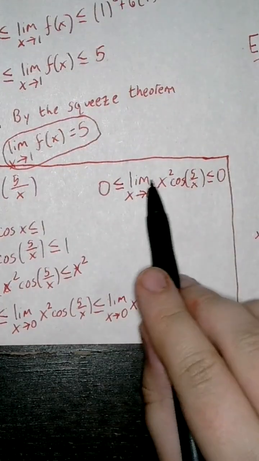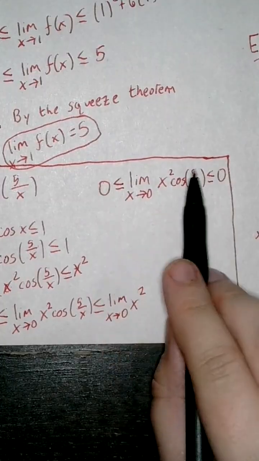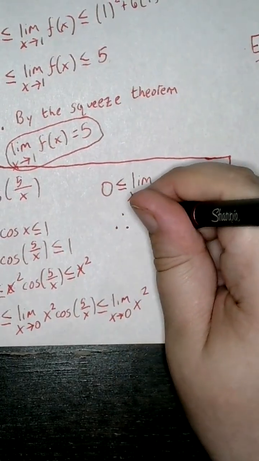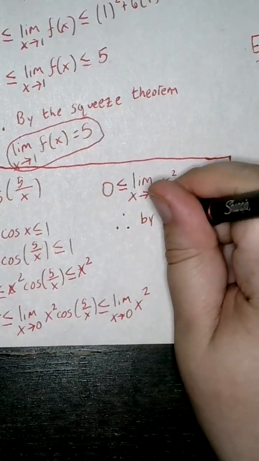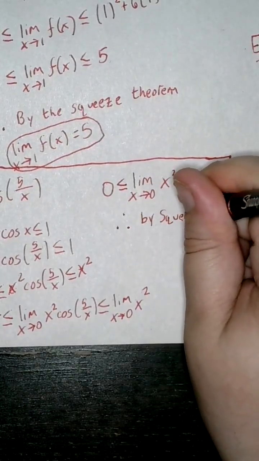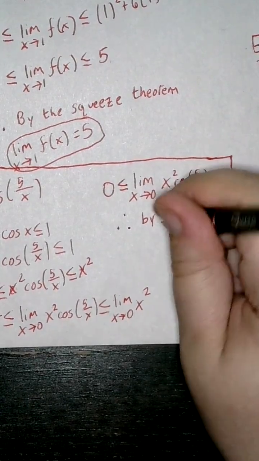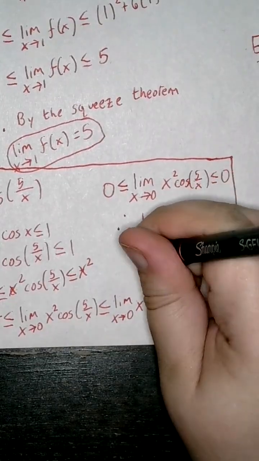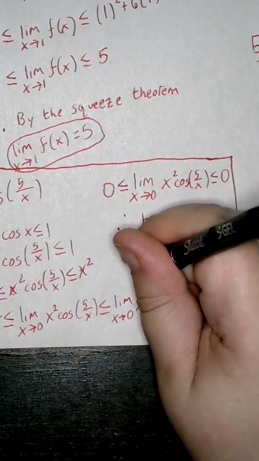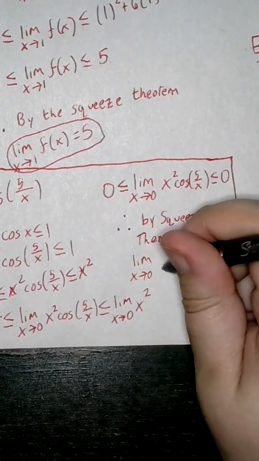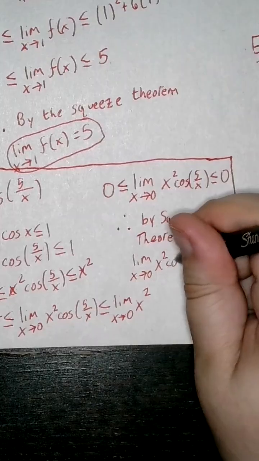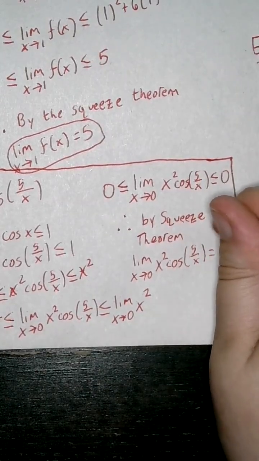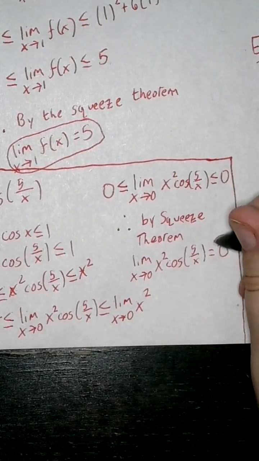So since this has to be between 0 and 0, by the squeeze theorem, the limit as x approaches 0 of x squared times cosine of 5 over x is equal to 0. And that's it.